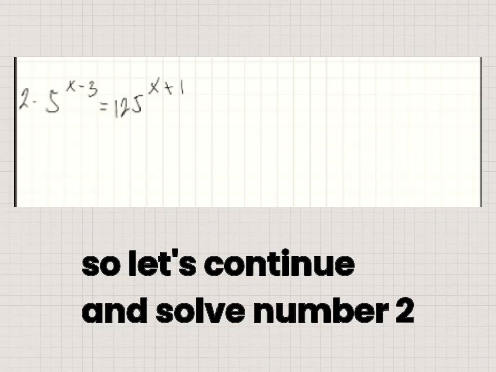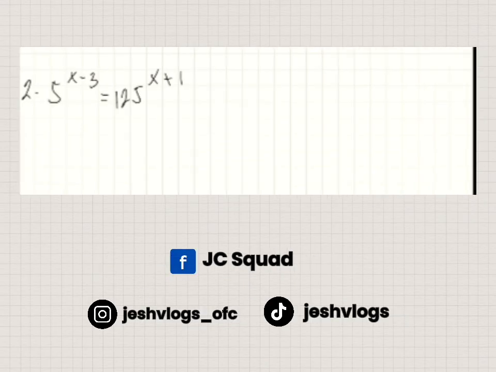So let's continue and solve number 2. In number 2, we have 5 raised to x minus 3 is equal to 125 raised to x plus 1. So again, the only step that we need to do is equate the bases. We know that 125 is 5 times 5 times 5, or simply 5 cubed.